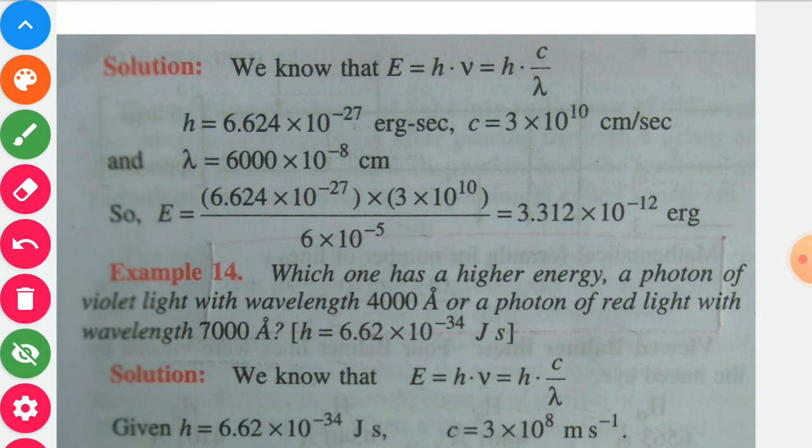A photon of violet light with wavelength 4000 angstrom unit, or a photon of red light with wavelength 7000 angstrom unit.